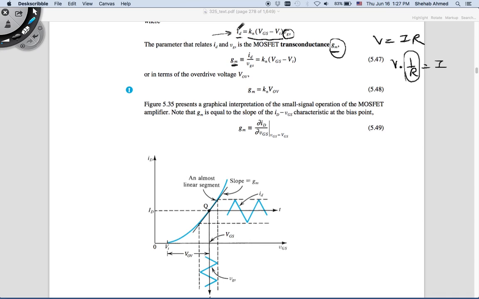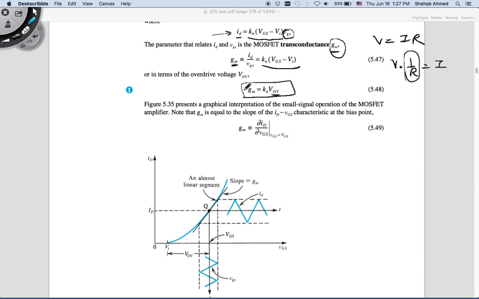This is above and beyond my operating point. So the MOSFET transconductance variable is gm, and gm is equal to this constant here, where VGS minus VT is my overdrive voltage. So that is my gm.